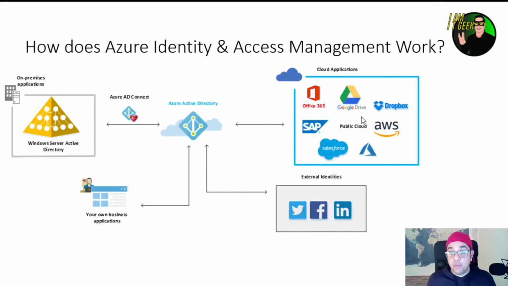It works with those and synchronizes with those, federates with those services outside of Azure AD and outside of Microsoft Cloud, as well as inside Microsoft Cloud, to give you a single sign-on service. So rather than having different accounts for all these different identities, a different account for Twitter, Facebook, Dropbox, your Amazon Web Services, your business applications, it allows you to have one identity for them all.